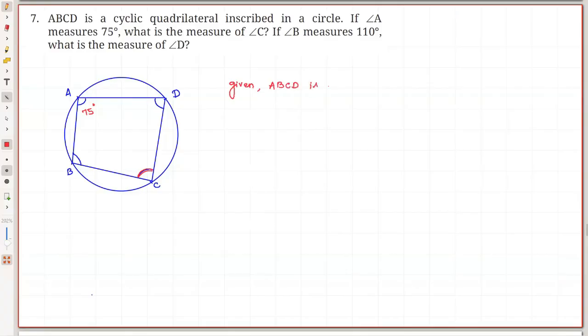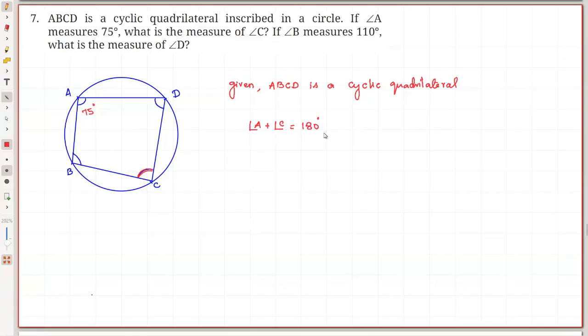If ABCD is a cyclic quadrilateral, we can say the sum of two opposite angles is 180 degrees, so angle A plus angle C is equal to 180 degrees. That is supplementary. The sum of two opposite angles of a cyclic quadrilateral is supplementary, or 180 degrees.